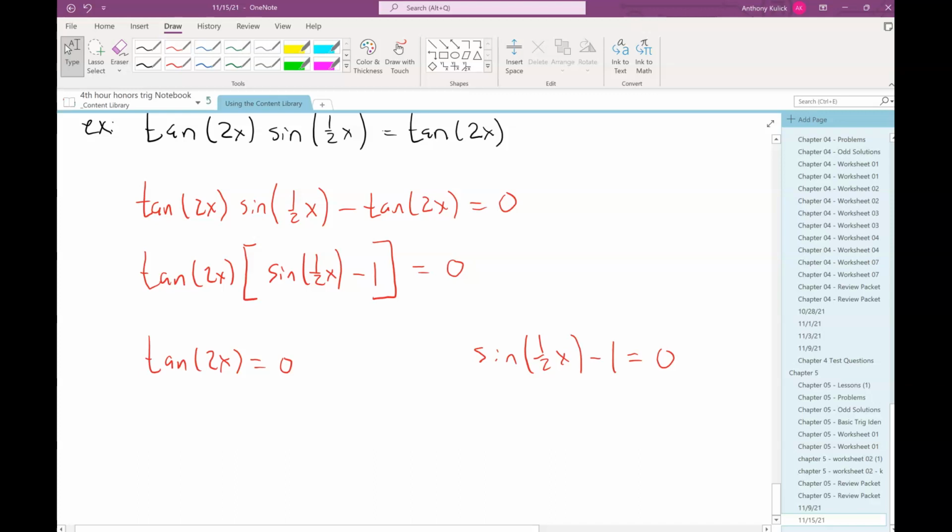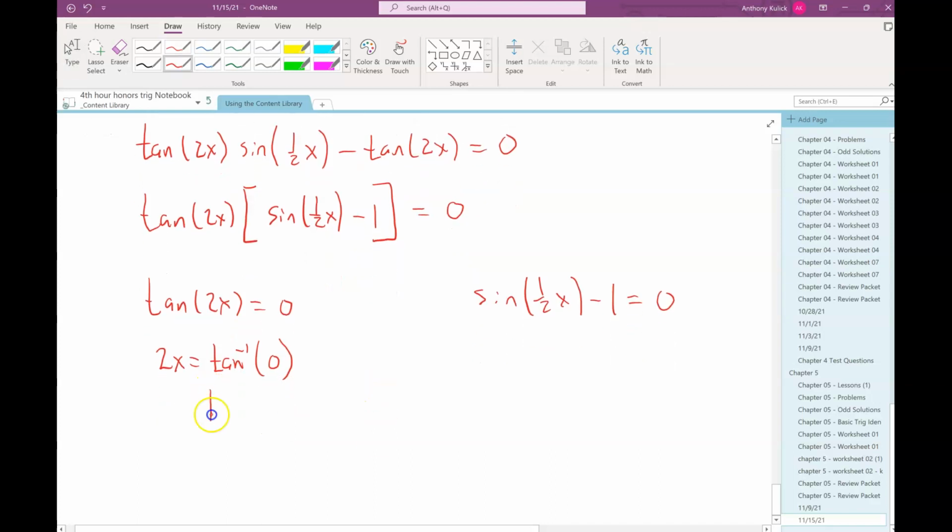So the tan 2x, we're going to do the tangent inverse of both sides. So we're going to go to the unit circle and look for, remember, tangent is y over x.